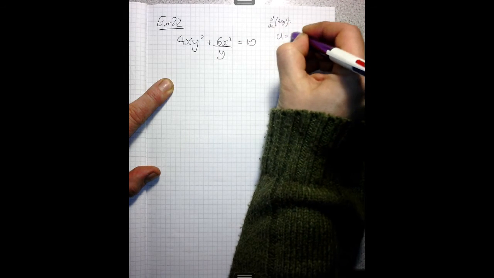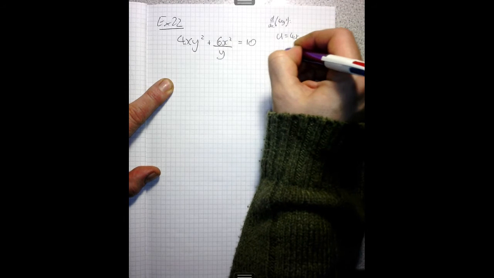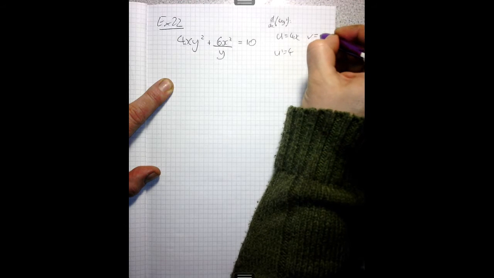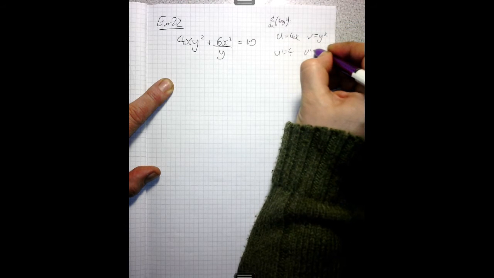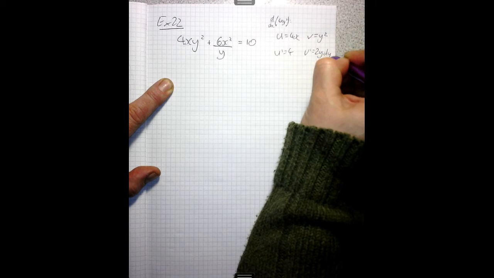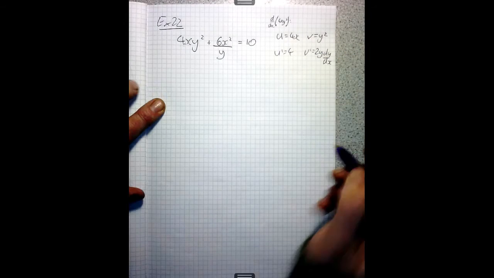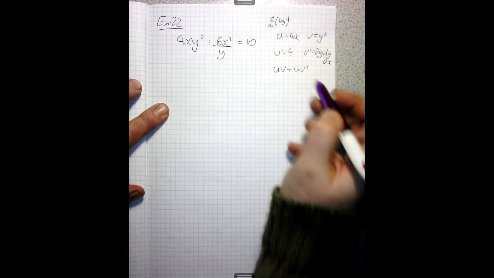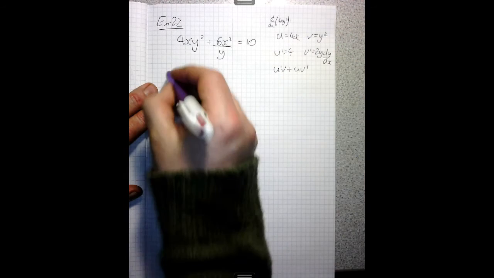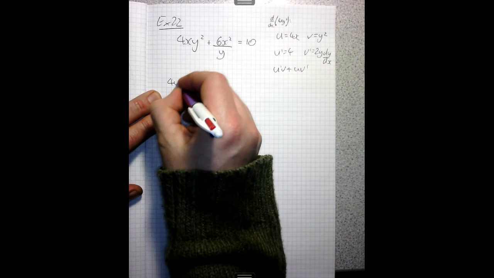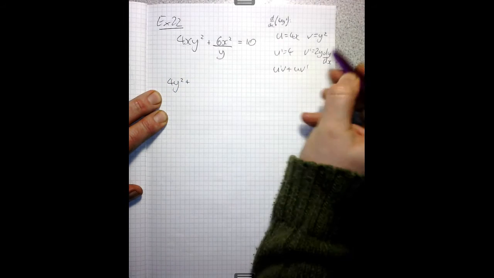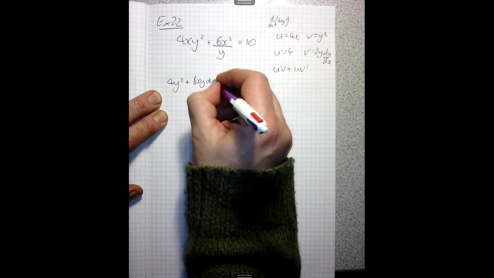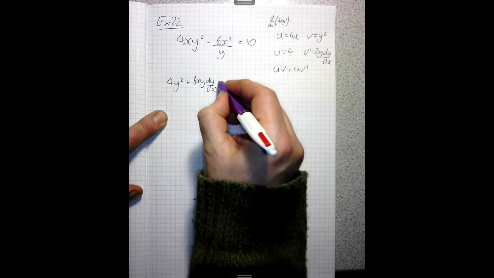Product, u is 4x, u dash is 4, v is y squared, v dash is 2y dy/dx, and the product rule is u dash v plus u v dash, so u dash v, 4y squared, plus u v dash, 8xy dy/dx. So that's my product rule.